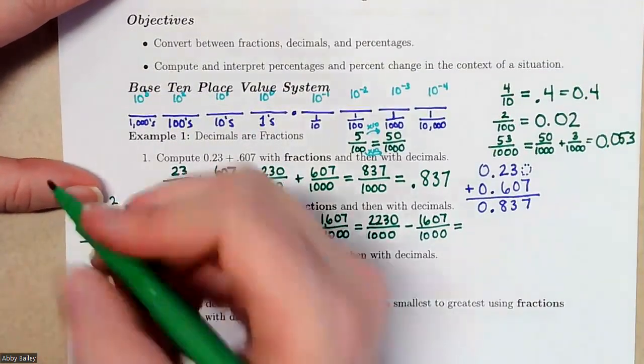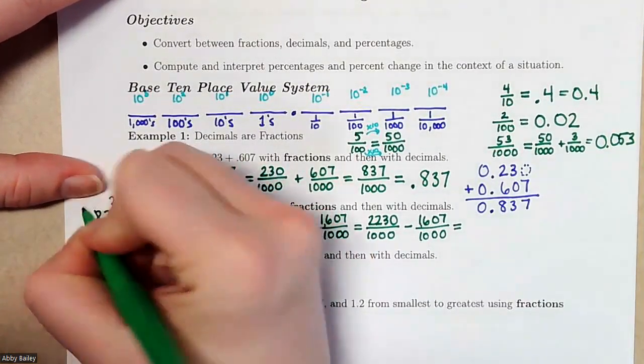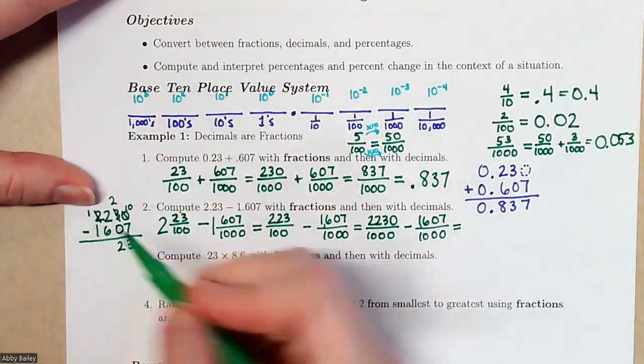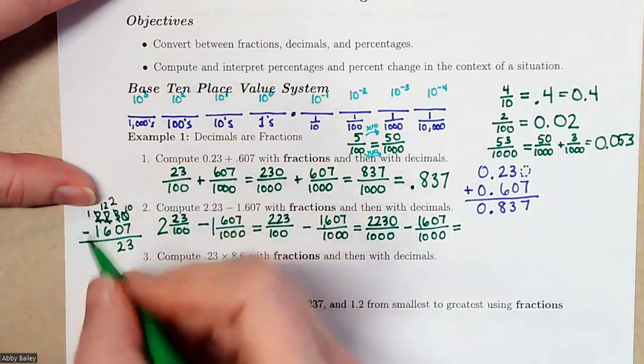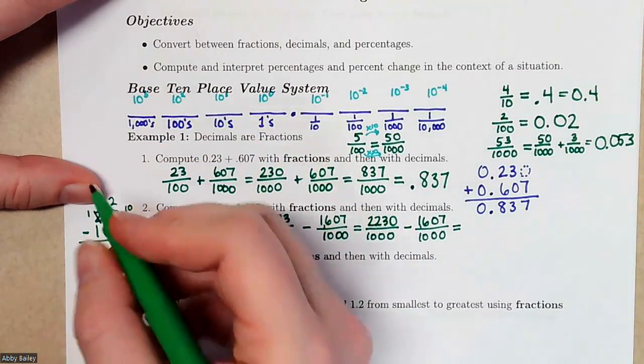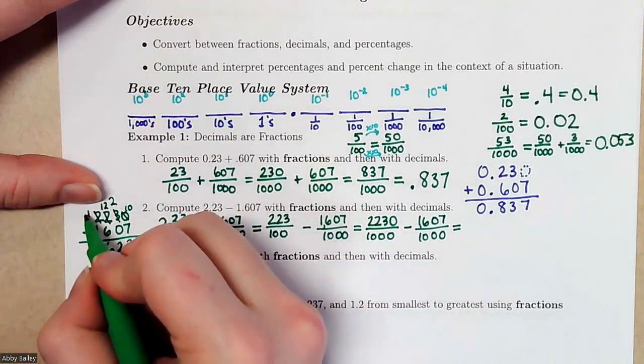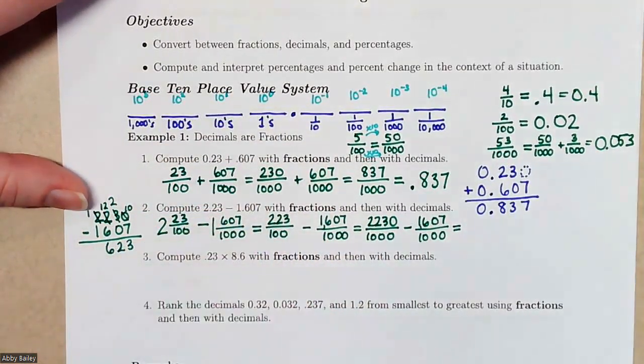Now I'm in the hundreds place. I'm gonna knock down a one of these 1,000s to create 10 100s, so that'll be a 12. 12 hundreds take away 6 hundreds is 600, and 1,000 take away 1,000 is none.